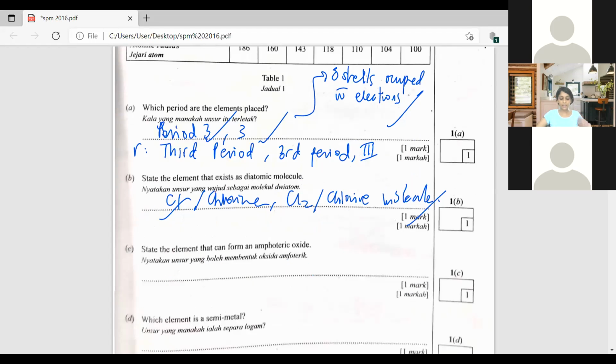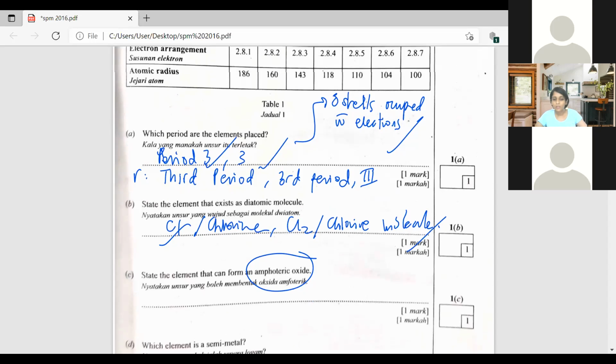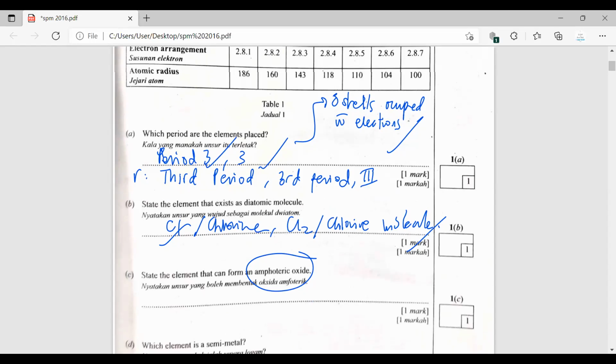Okay, now state the element that forms an amphoteric oxide. What is amphoteric? Reacts with both acid and alkali. Very good. Reacts with acid and alkaline, both can react.